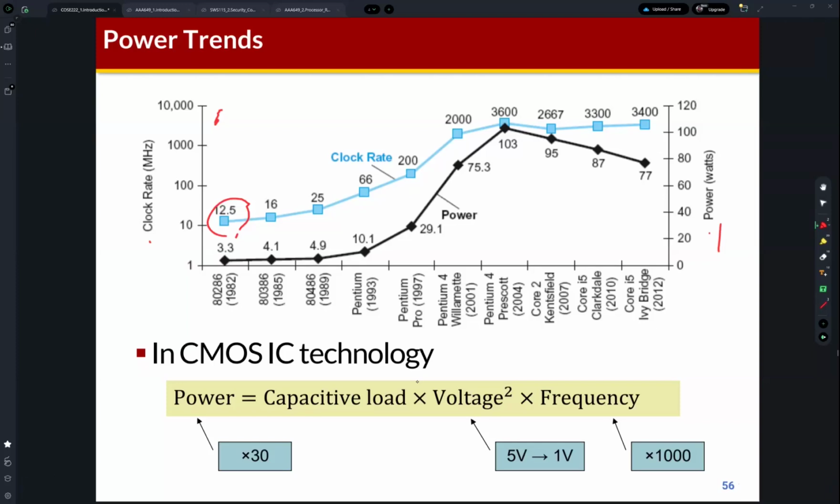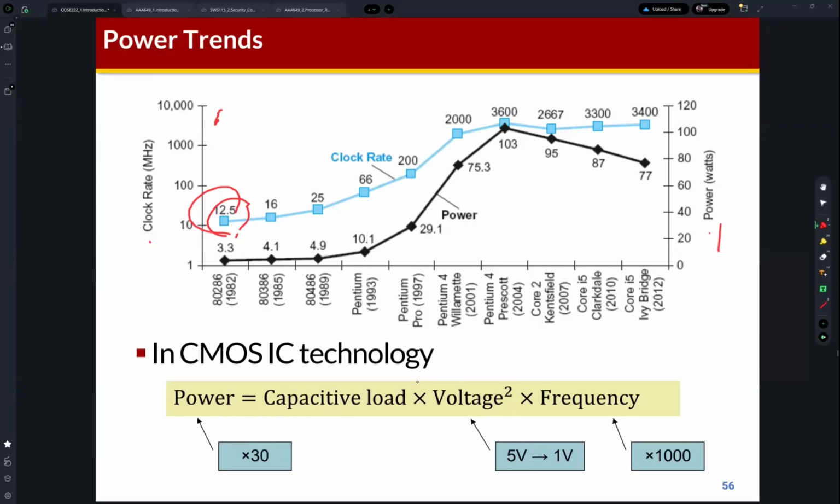It's very, very slow, right? Recently, for a desktop computer, it's around 5 gigahertz. It's 5,000 megahertz, right? So compared to the current clock frequency, a long time ago the clock frequency of a CPU was very, very low.